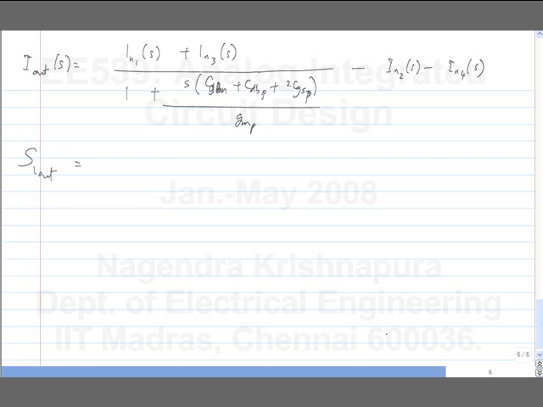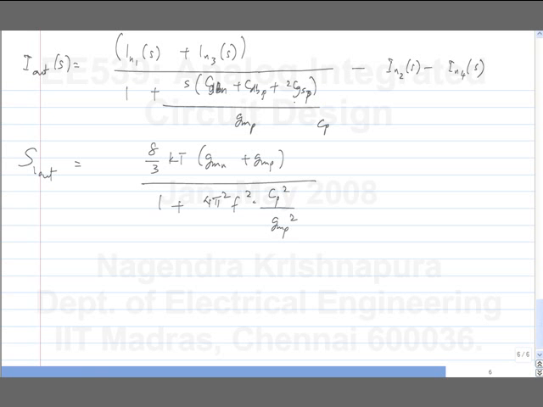So for these two we get 8/3 kT (GMN plus GMP) divided by 1 plus (2 pi f CP by GMP) squared, where CP is a shorthand for this entire parasitic capacitance, plus 8/3 kT (GMN plus GMP).